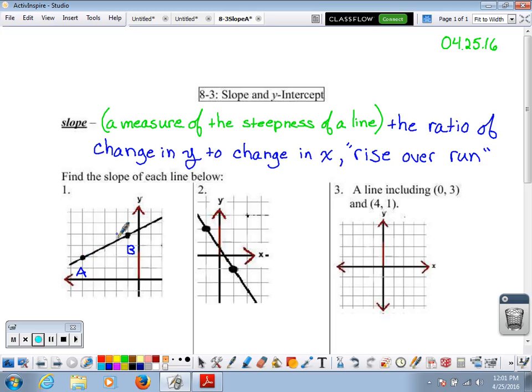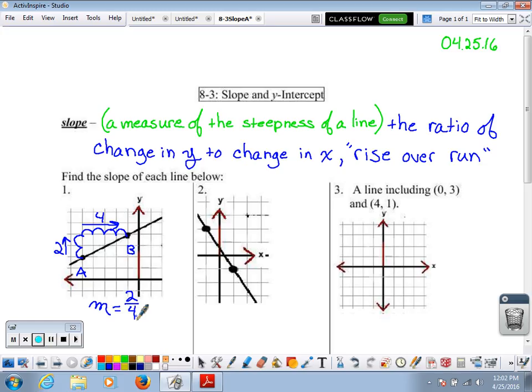I want to talk about the change in y and the change in x, the rise over the run. How far up we go and how far we go right. Well, to get from A to B, I have to go up 2, and I have to go over to the right 4. So when we say rise over run, we would say m equals 2 over 4.